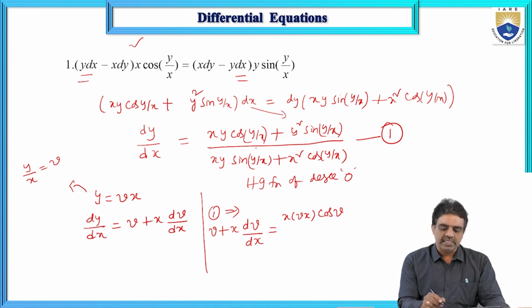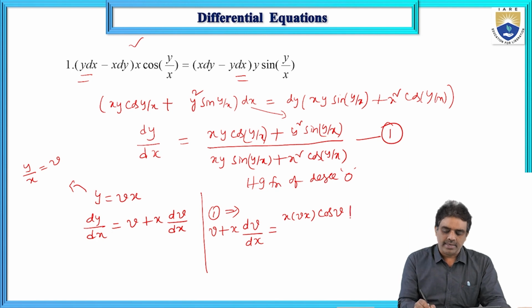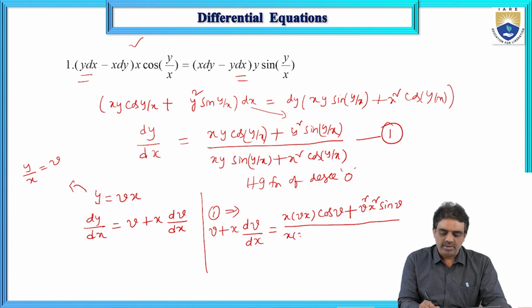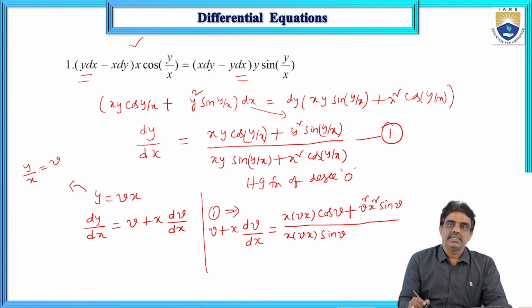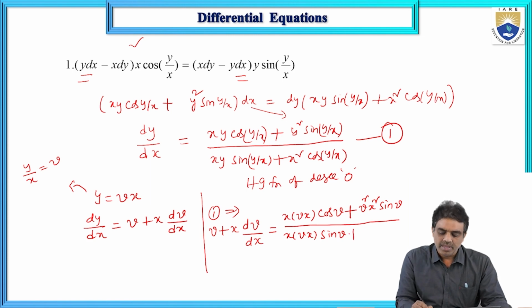So here y by x is replaced by v, plus v square x square, and this is also sin v. In the denominator you get x times y, same as vx, and it is sin v, sin y by x will be sin v, plus x square, same as x square, and this is cos v.